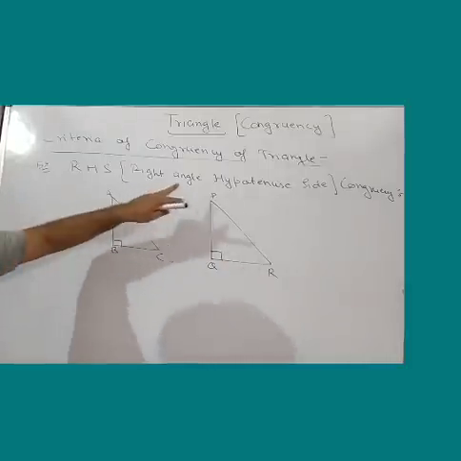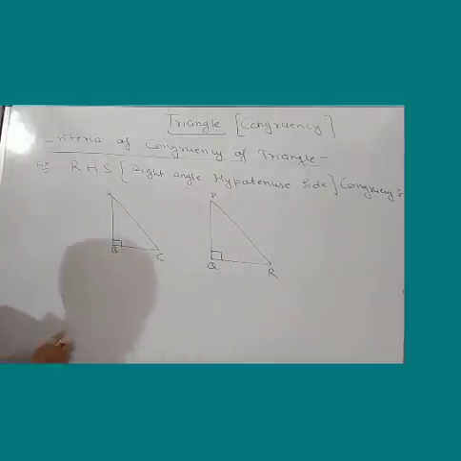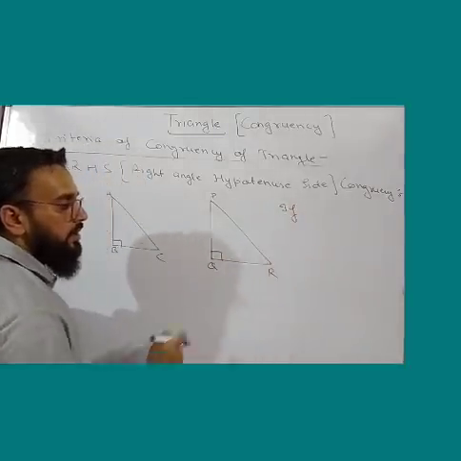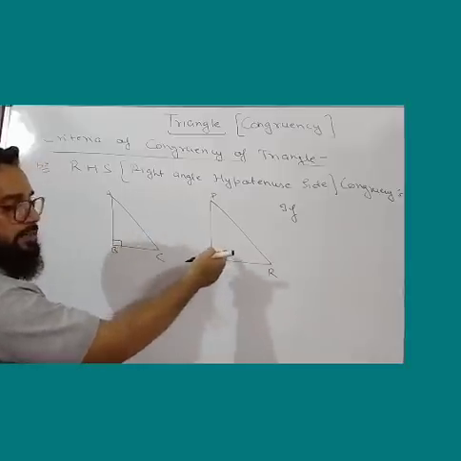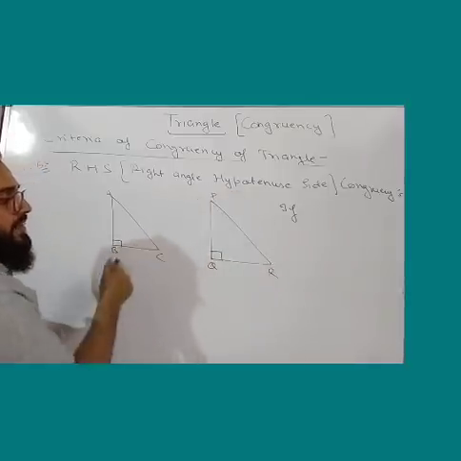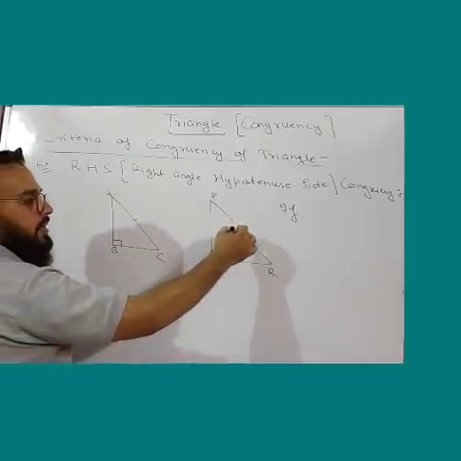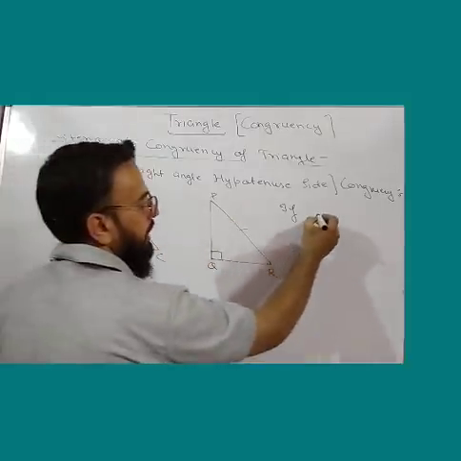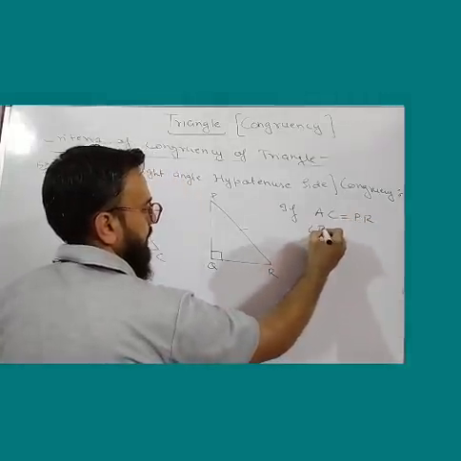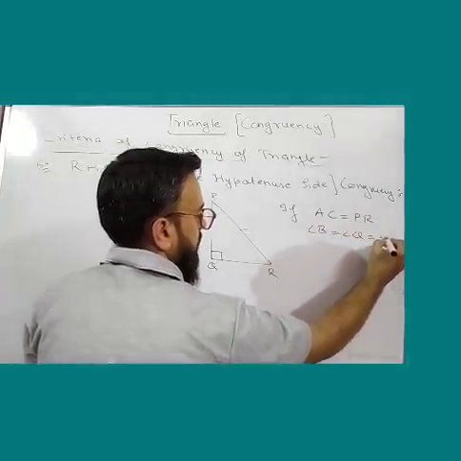So what is the right angle hypotenuse side criteria? If in two right angle triangles, one angle is already a right angle, meaning both the angles are equal, 90 degrees, then hypotenuse. If the hypotenuses of both the triangles are equal, that is AC is equal to PR.